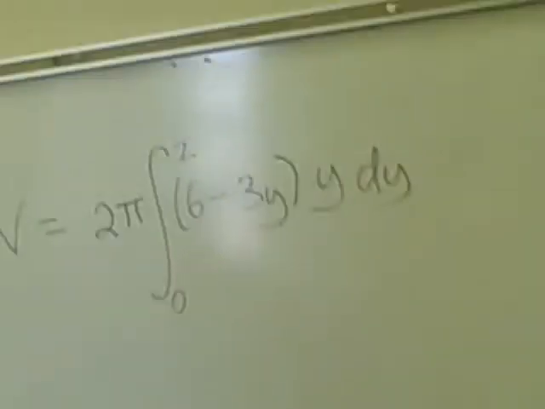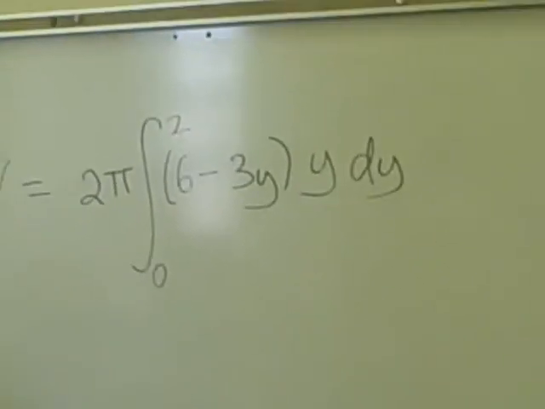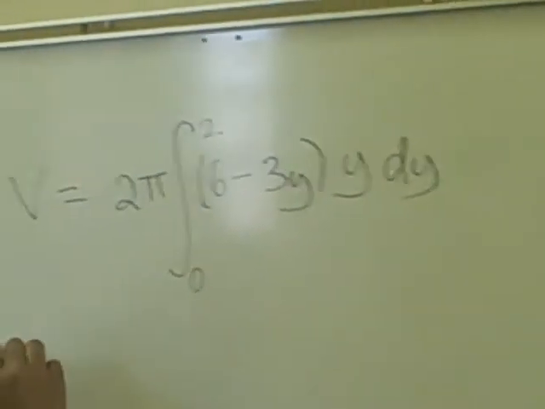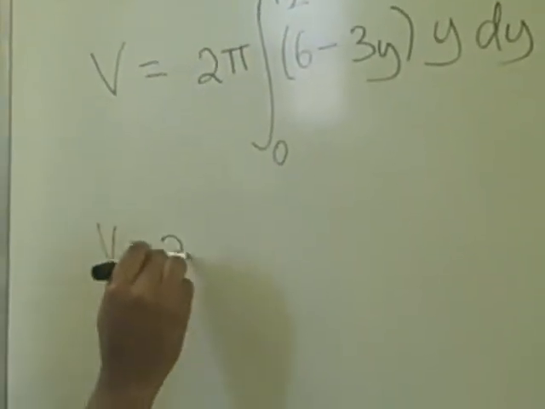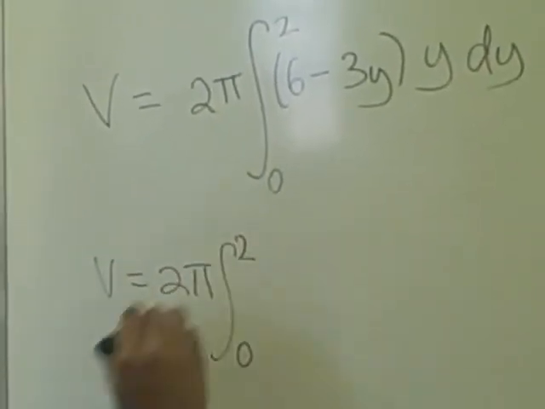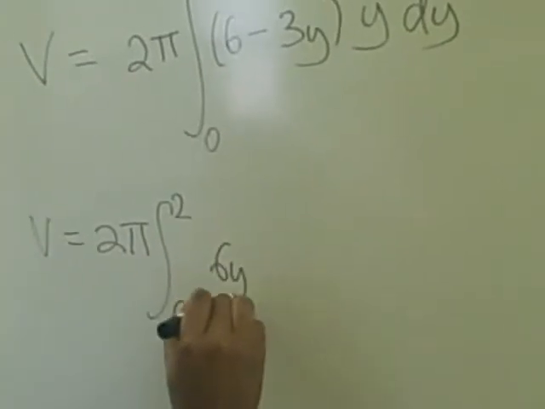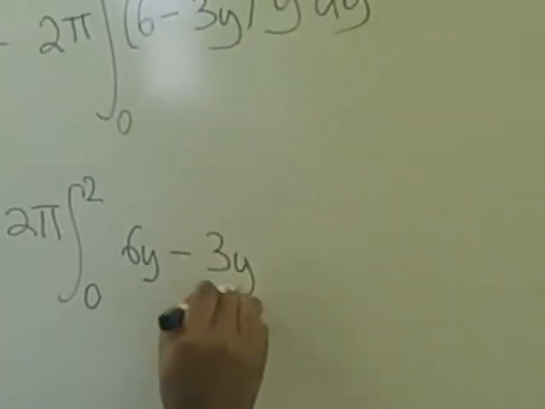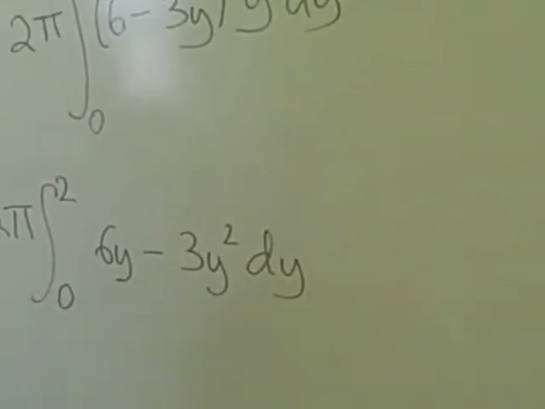And if you solve this, you realize that you have v equals 2 pi, the integral from 0 to 2 of 6y minus 3y squared dy.